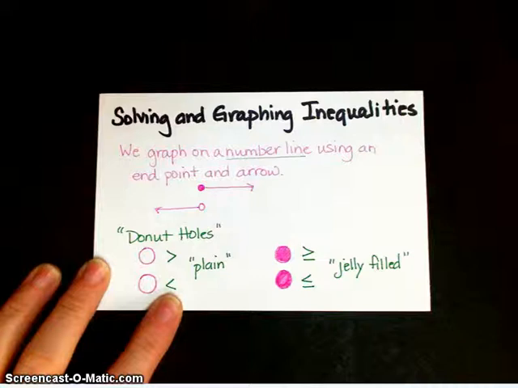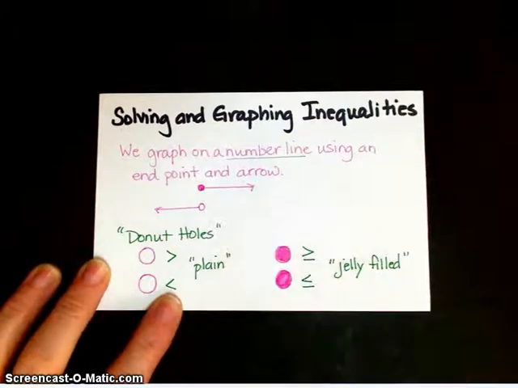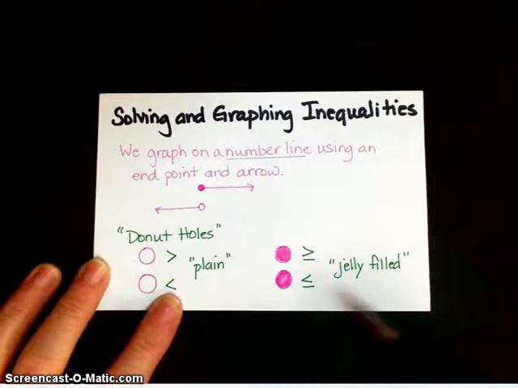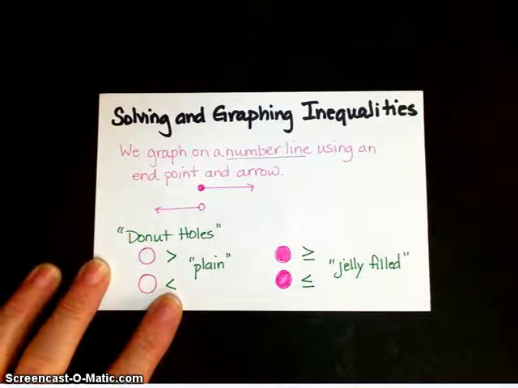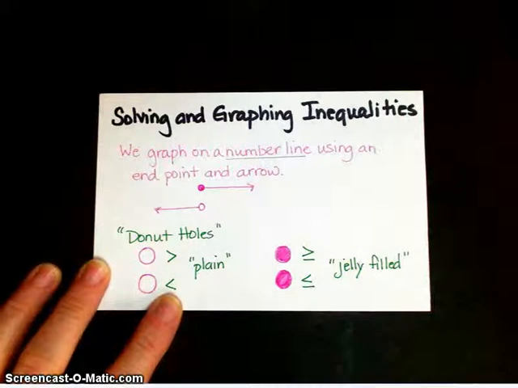Now you might notice that on one of them, I have the hole or the endpoint colored in. One of them I don't. And in class, we've called that the donut holes, to where you either have a plain donut or you have a jelly-filled donut. And you know when you graph them which one to use based upon the symbol that is in your inequality statement.